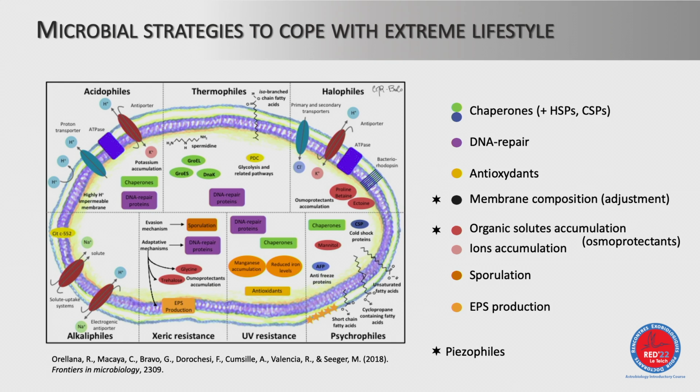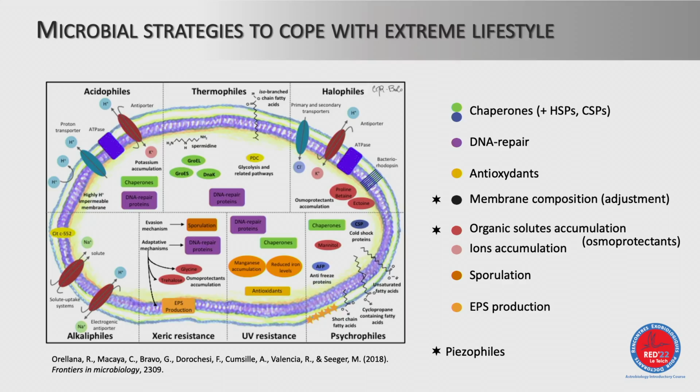For example, alkalophiles have a specific transporter on the membrane to avoid the entrance of hydroxide and sodium ions, and they favor the entrance of protons to acidify the cytoplasm. On the contrary, acidophiles will maintain a neutral pH in the cell, in the cytoplasm, with potassium accumulation and other ions.